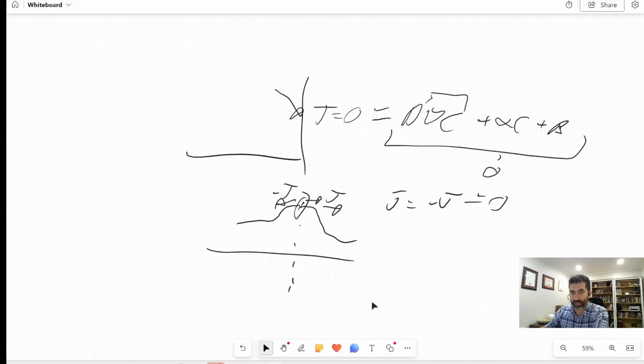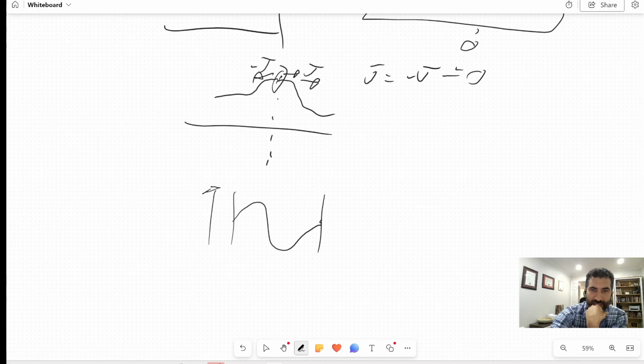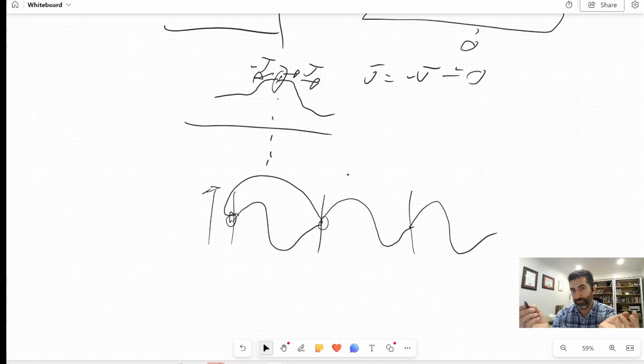Now, next one is going to be periodicity. Periodicity kind of looks like symmetry, and it is actually a type of symmetry, but it's a displaced symmetry. So for periodicity, what you would have is some kind of profile that looks like this. Not very surprising. And the idea is that this cell repeats. So it would go something like this, such that the value here is basically mapped over to here.